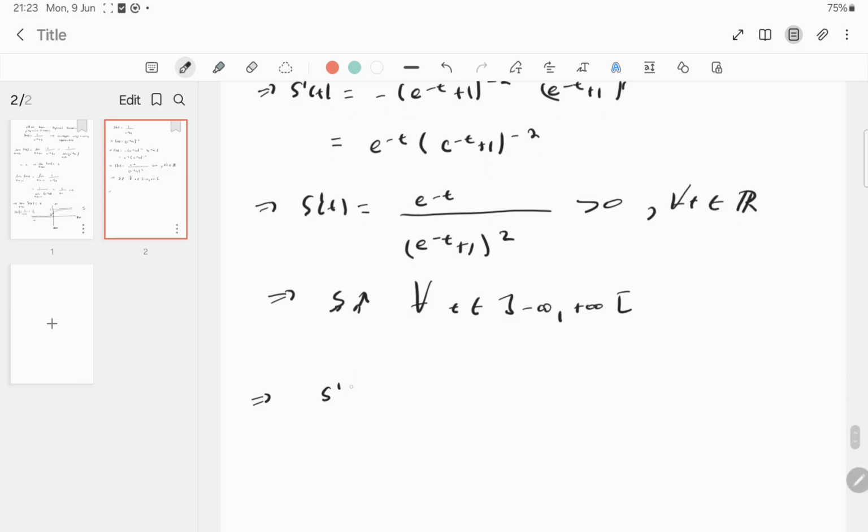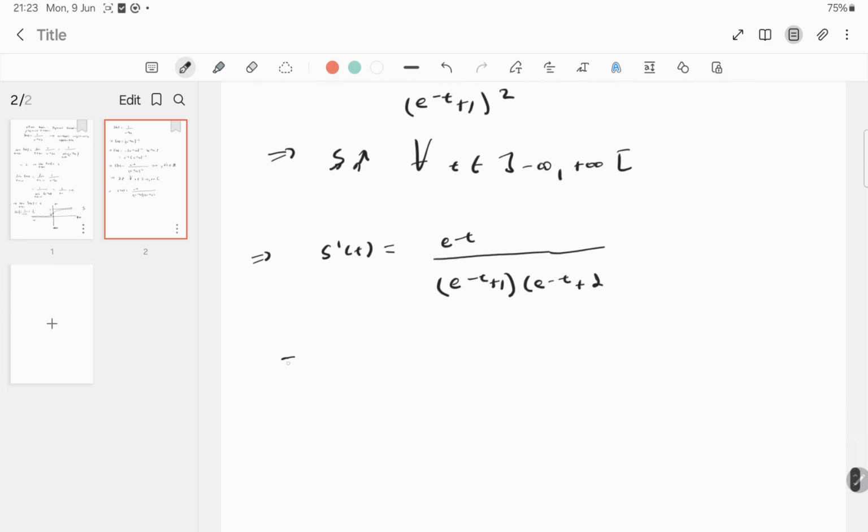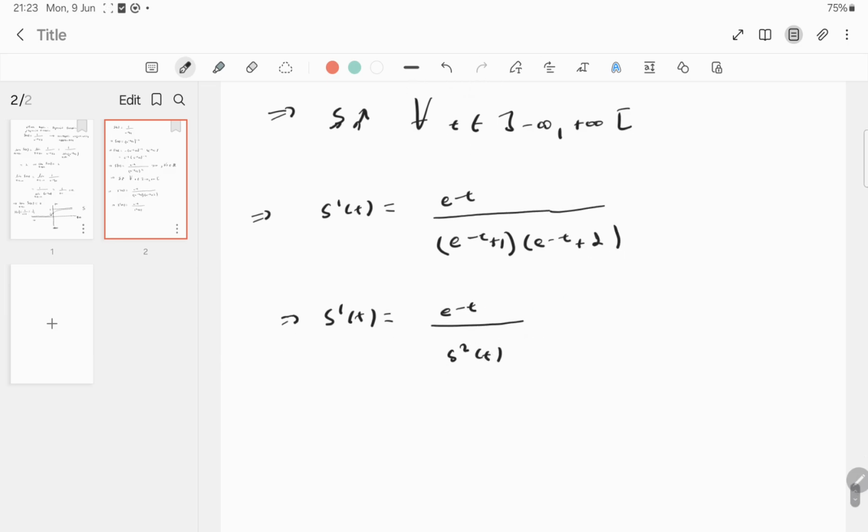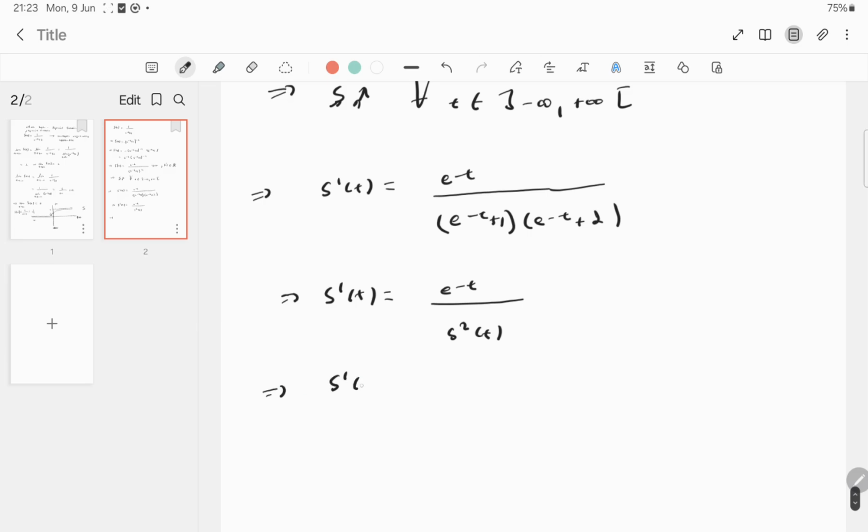Now I can write this as s prime of t equals e to the minus t over e to the minus t plus 1 times e to the minus t plus 1. So s prime of t equals e to the minus t times the denominator, which is s squared of t. So s prime of t over s squared of t equals e to the minus t.